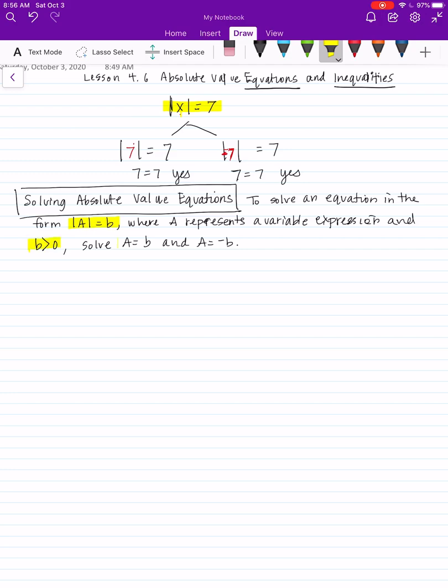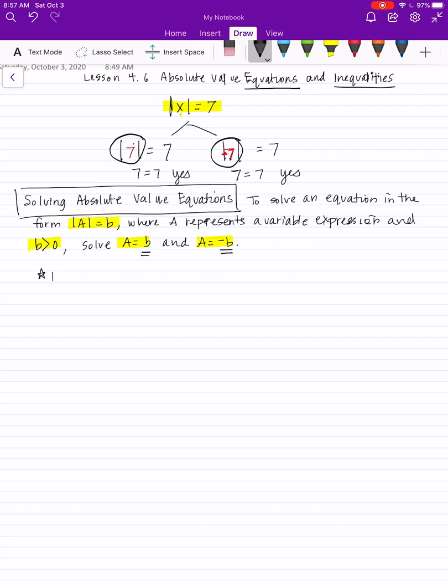They say to solve A equals B and A equals negative B. So what they're saying is just like we had up here, and you had a 7 and a negative 7, because both answers work, when you set this up, you have to have a B and a negative B, because both answers work. Absolute value yields two answers, a positive and a negative, because they both work. Okay, so that's going to come into play.